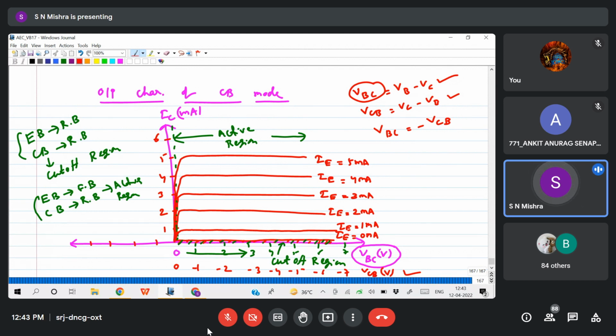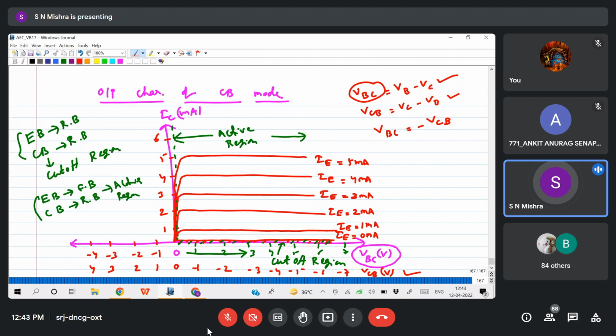Similarly, if I want to represent VCB, then on the right hand side it is negative, means on the left hand side it should be positive. The axis is taken in reverse mode. Okay, any condition you can take. So if I want to represent VBC, it should be -1, -2, -3, -4. If I want to represent VCB, then +1, +2, +3, +4. Anything you can take.